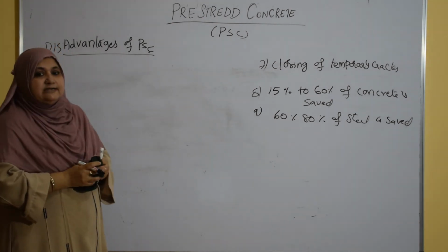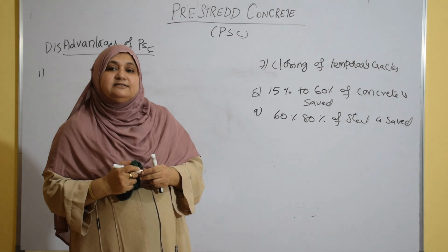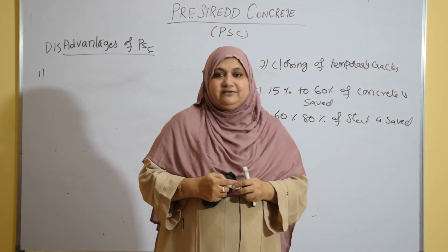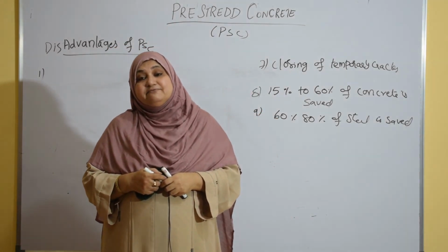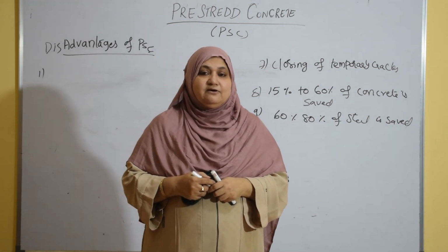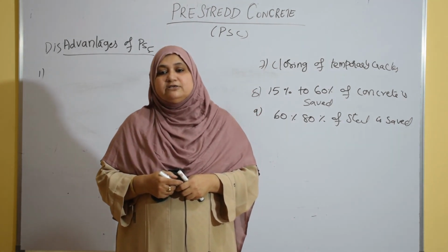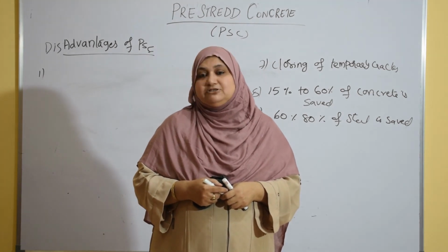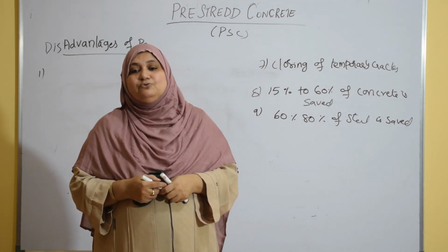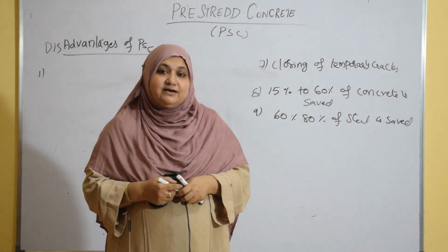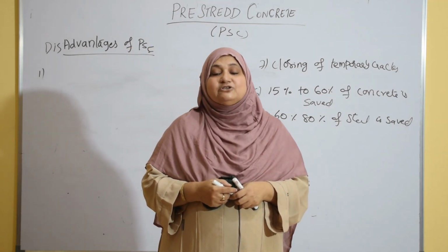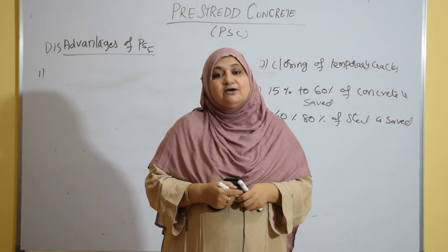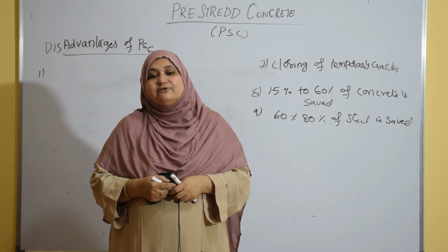The first disadvantage: we are saying that there is a considerable saving in the material, in the concrete as well as the steel. Of course, there is a saving in the quantity of material. But when you talk about the economy, it is not much saving, because we are using high strength concrete and high strength steel. Additional cost is incurred for high strength concrete and high strength steel.